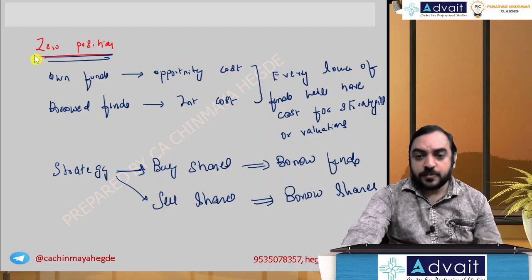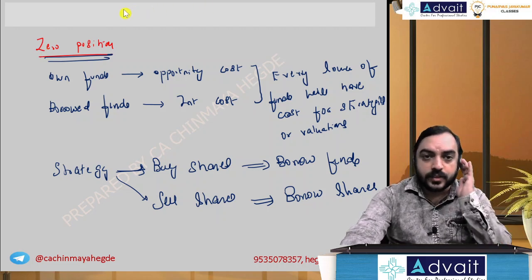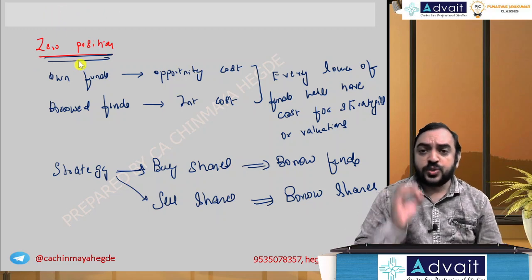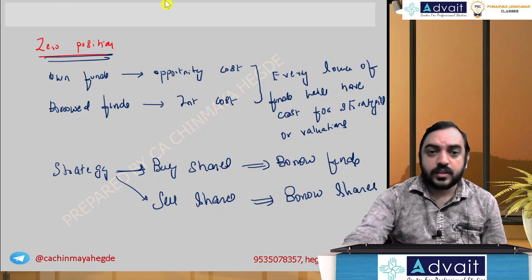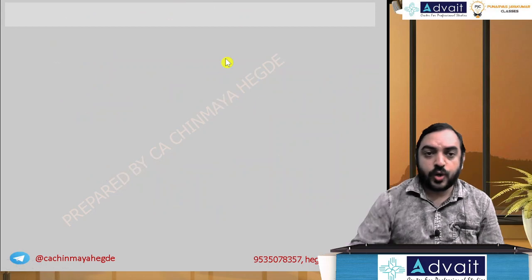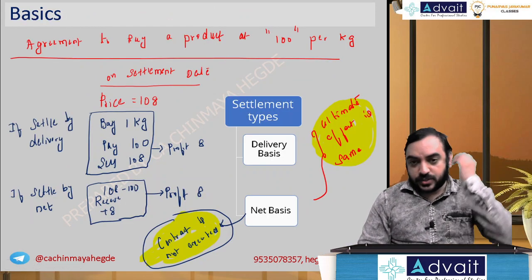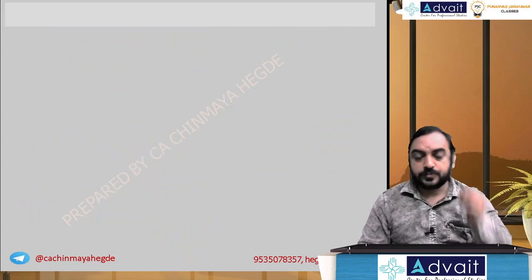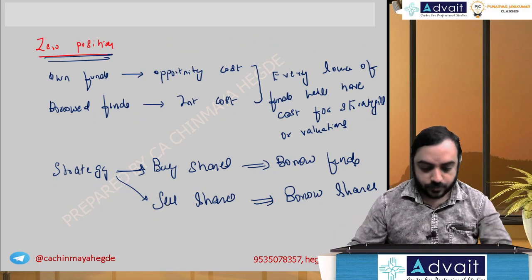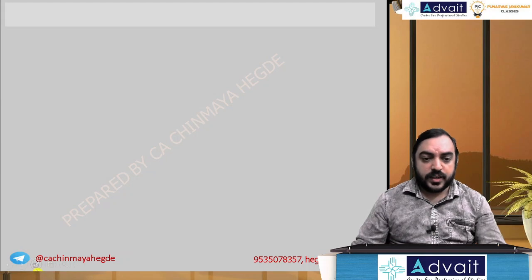Okay, so moving on. Hope you are back. So we understood the concept of zero position. Now let me talk about the concept of settlement types.